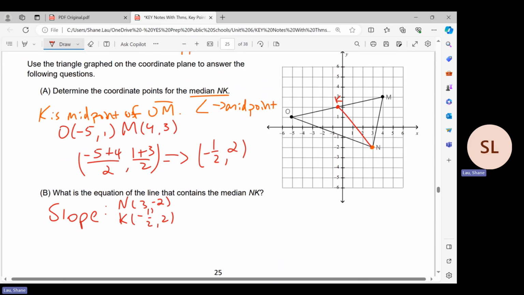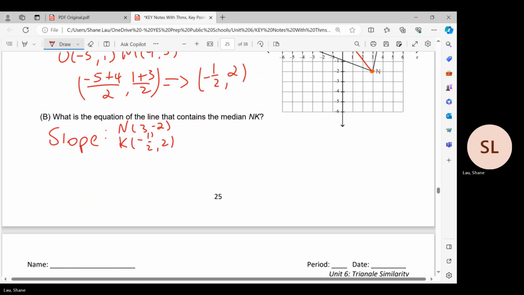In this case, y2 is going to be our N. So -2 minus 2 over 3 minus -1/2, which will then turn to positives. We get -4 over 3.5. But if you have a calculator, you can just solve that pretty easily. But I'm going to leave it as a fraction instead. And I'm going to write -8 over 7.